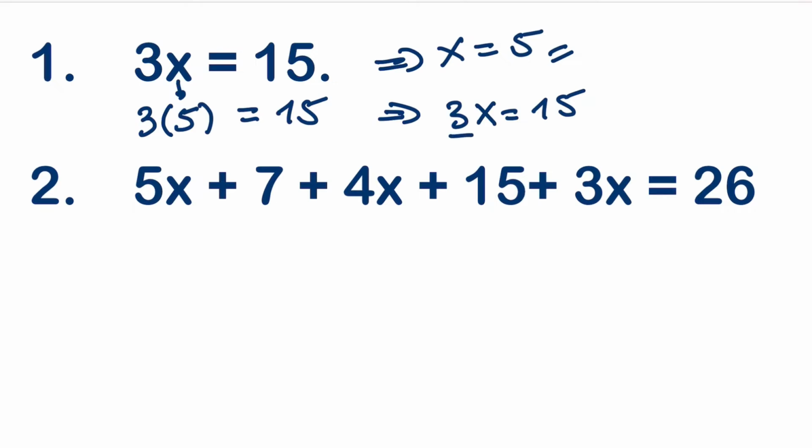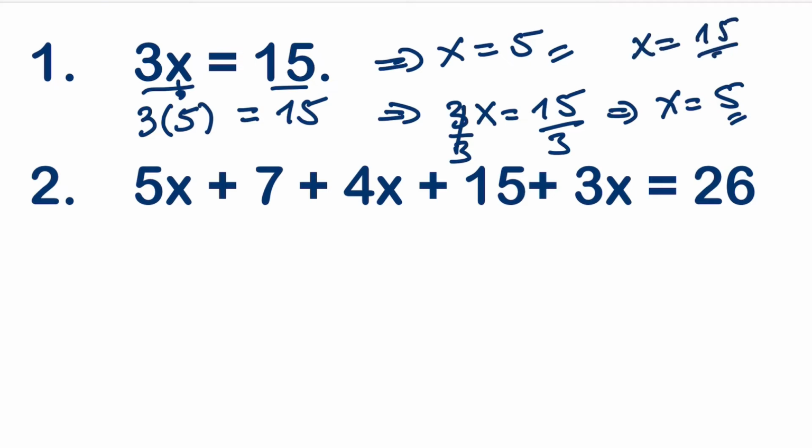The coefficient of x is 3, because I want x to be alone, so I divide both sides by 3. We have 15 divided by 3 is 5. To do this fast, you can just say 3x is equal to 15, so x will be equal to 15 divided by 3, which is 5.